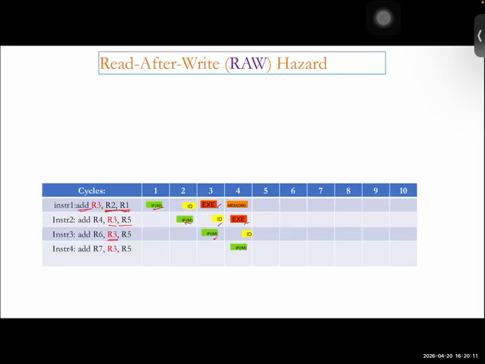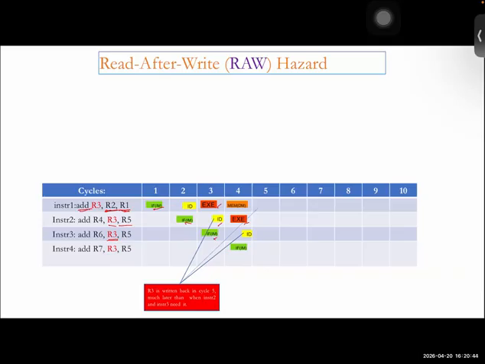So instruction 2 needs the R3 value, and at the fourth cycle instruction 3 needs the R3 value, but the value is not yet updated in the R3 register. If instructions 2 and 3 read the value from R3, they will definitely get a wrong value.